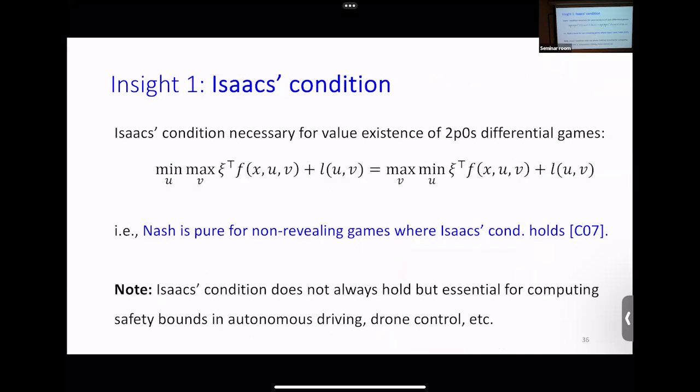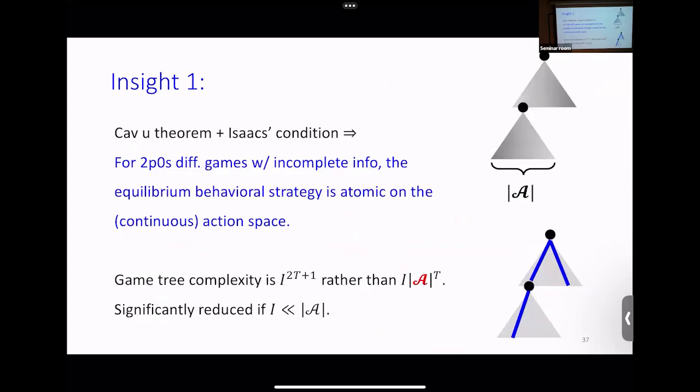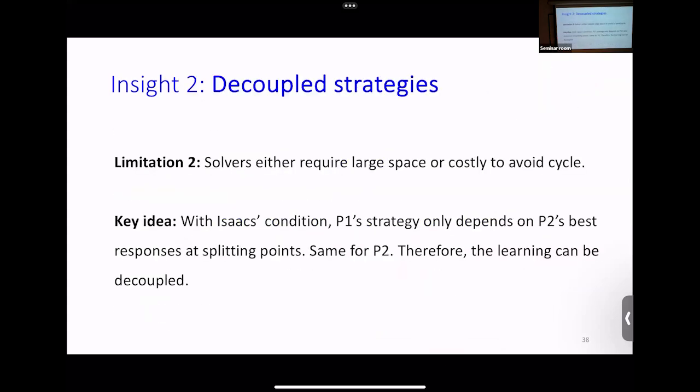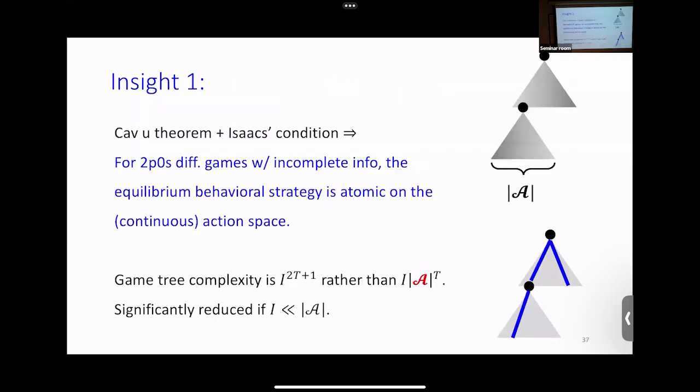So here we're gonna use the Isaac condition, which basically says that if you're playing a non-revealing or complete information game, then your Nash is gonna be pure, meaning that both players are gonna take just deterministic actions rather than distributions over this action space. Then, yeah, this leads us to this picture here.